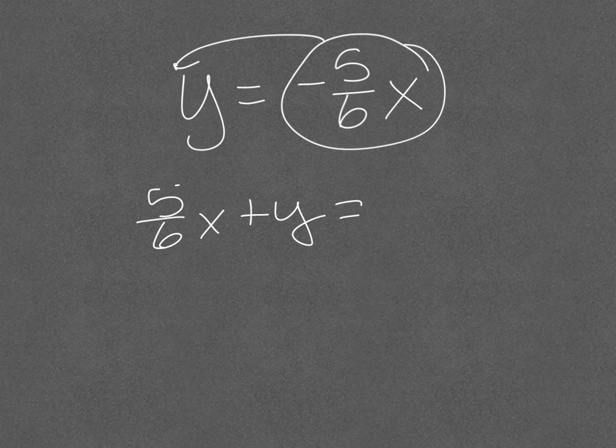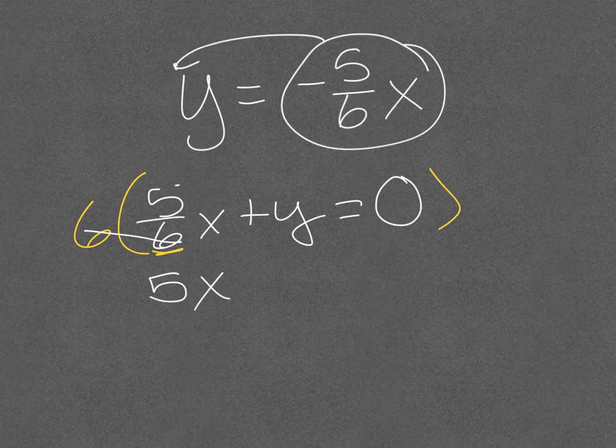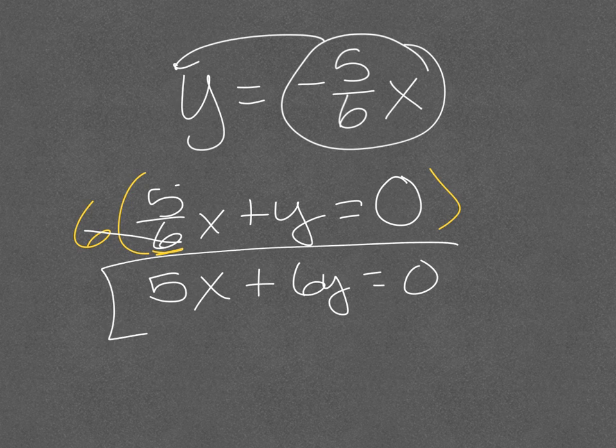Remember how I said 0 can be a placeholder if nothing's there? So you're going to put 0. Now get rid of your fraction, multiply by your denominator. That cancels out, 5x plus 6y equals 0. And that would be standard form.